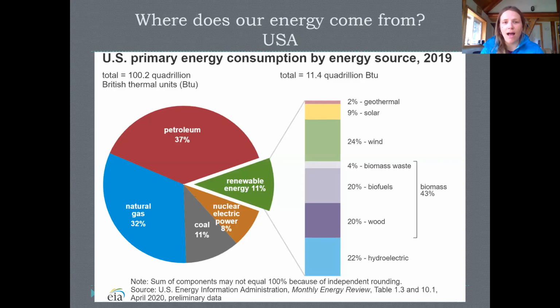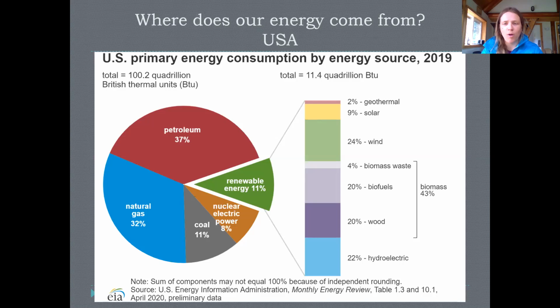Okay, so regardless of these negative outcomes, at this stage, we're still very dependent on fossil fuels. This is from the EIA, the Energy Information Administration, which is part of the federal government, the Department of Energy. This is showing the 2019 statistics, showing that petroleum is responsible for producing 37% of the energy that we use in the United States each year.